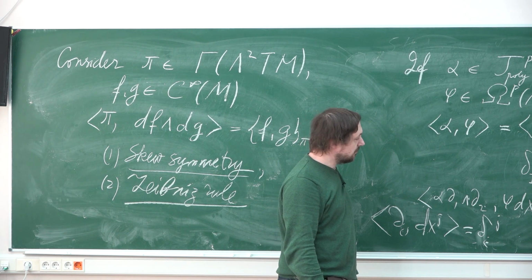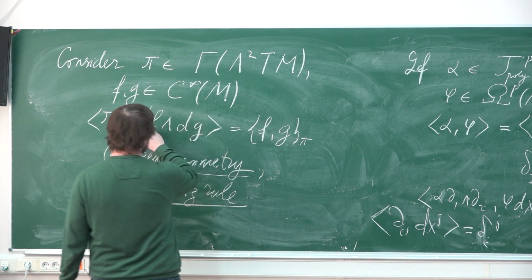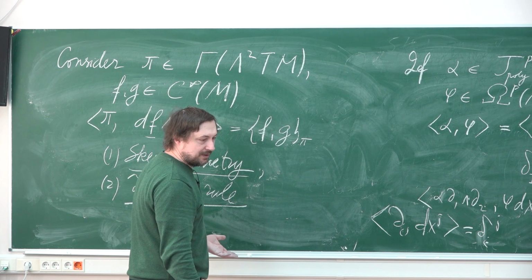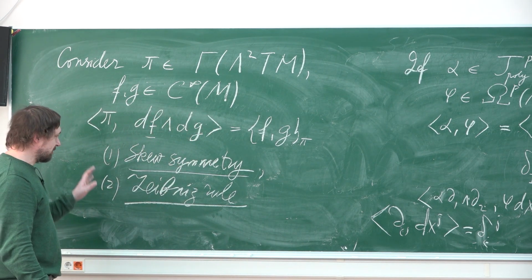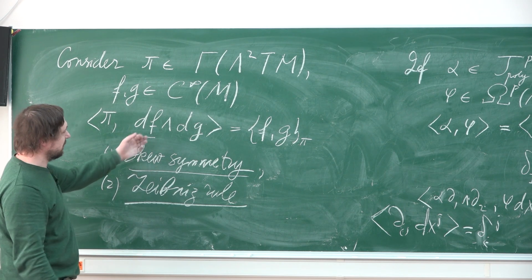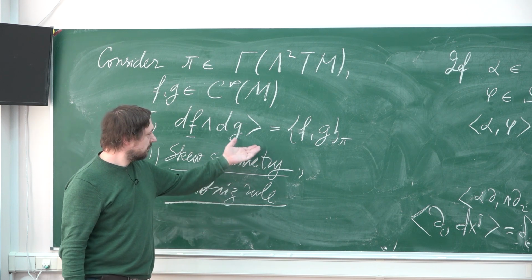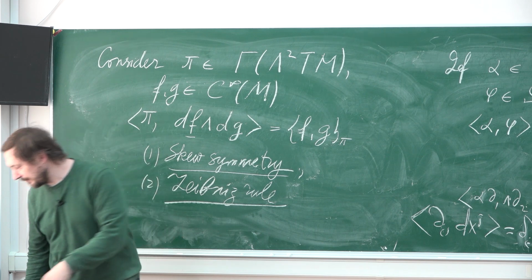But this Leibniz rule is not the graded one. I mean, for f and g functions, I don't speak about the graded Leibniz rule. I'm just speaking about the usual Leibniz rule, and since the differential of functions verifies the Leibniz rule in the usual sense, the Leibniz rule holds for this pairing as well.